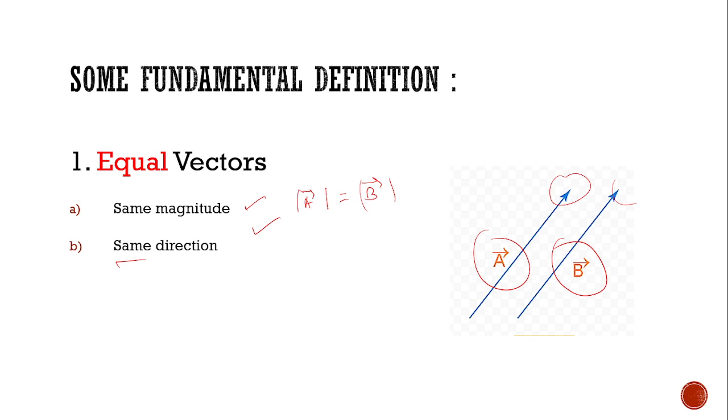So two vectors A and B are equal if they have the same magnitude and direction regardless of the position of their initial points. Okay, so A vector is equal to B vector.